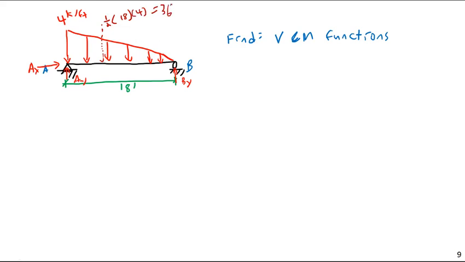So this is not an actual load, this is the equivalent point load. And if you remember from statics, you cannot use equivalent point loads to find shear and bending moment diagrams. The only thing you use equivalent point loads for is calculating reactions.